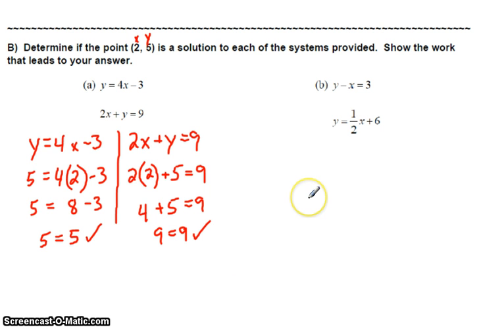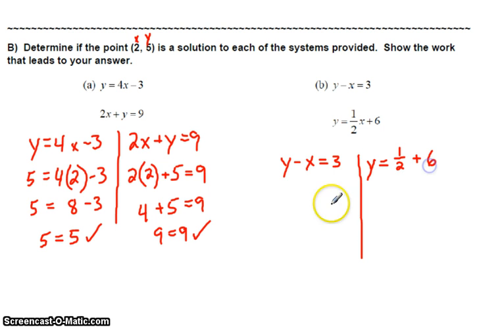All right, on to part B. Let's see the different system of equations, but we're still checking the same point. So I'm going to do the same thing. All right, my y is 5 minus 2. Does that equal 3? Yeah, 5 minus 2 is equal to 3.